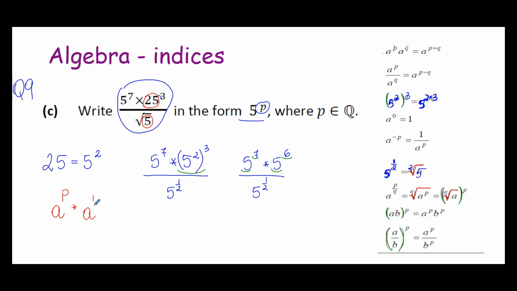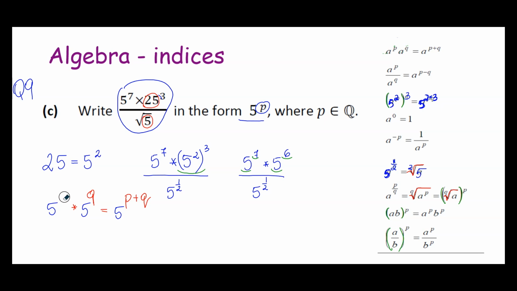So if we write that formula here, we are saying our base is 5. So our A here will be 5. We remove A and replace that with 5, 5, 5. Then the first power here, so P and P here, will be 7.